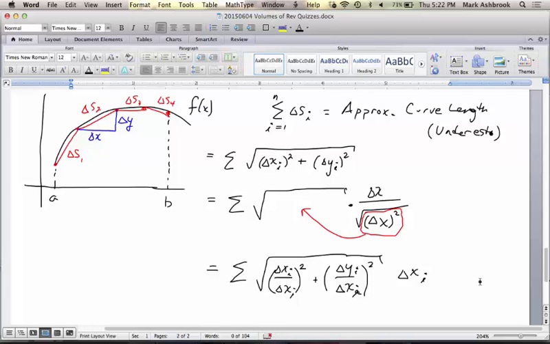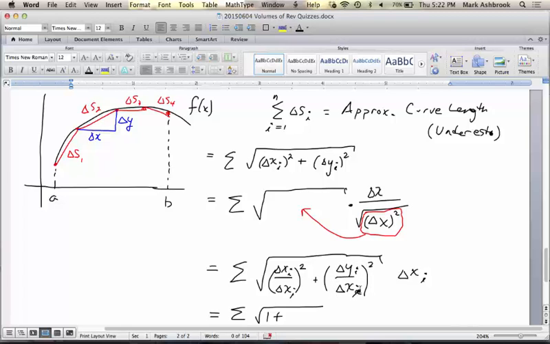Did you catch it? Does that make sense? Okay, so what about underneath the radical here? What's that? 1. It's nice. 1 plus, what do we have? Delta y over delta x, quantity squared.